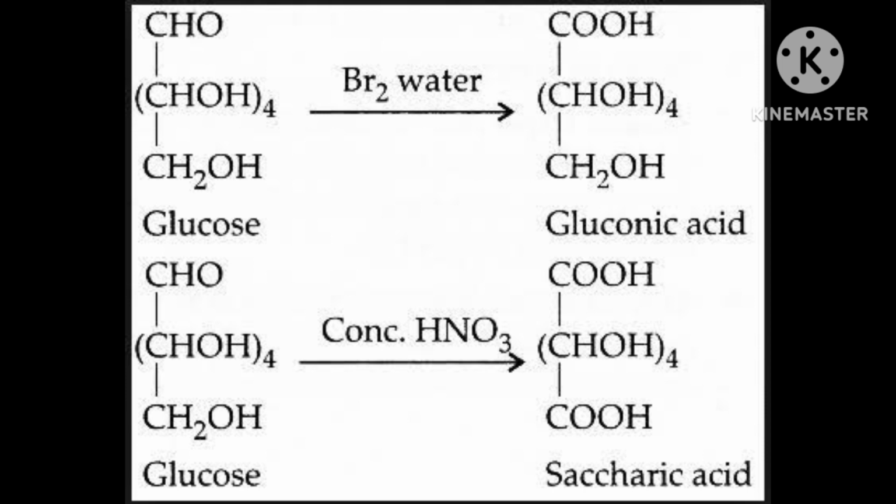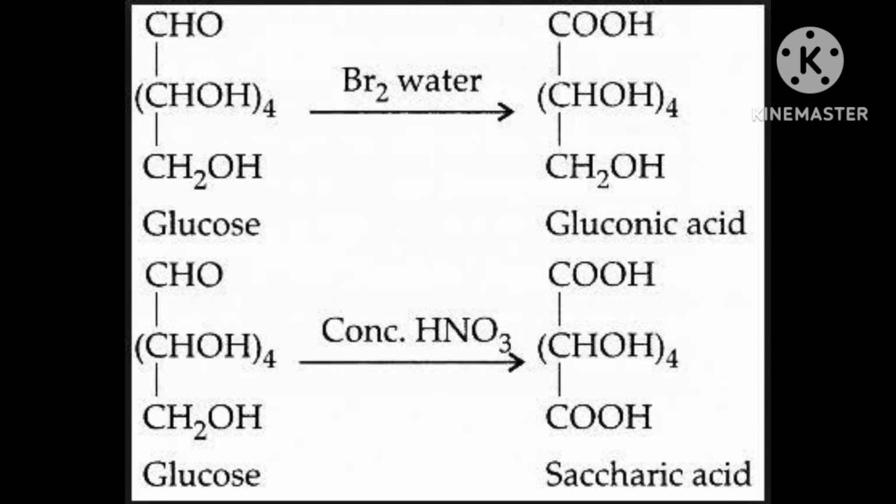Then how will you write the glyceraldehyde formula? I told you the first carbon is in the form of CHO, and the last is CH2OH. In the middle one carbon is there, with H on the left side and OH on the right side.